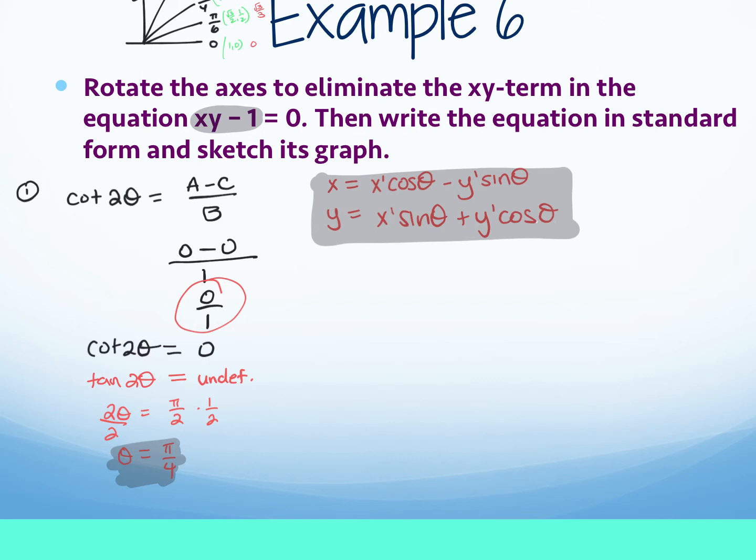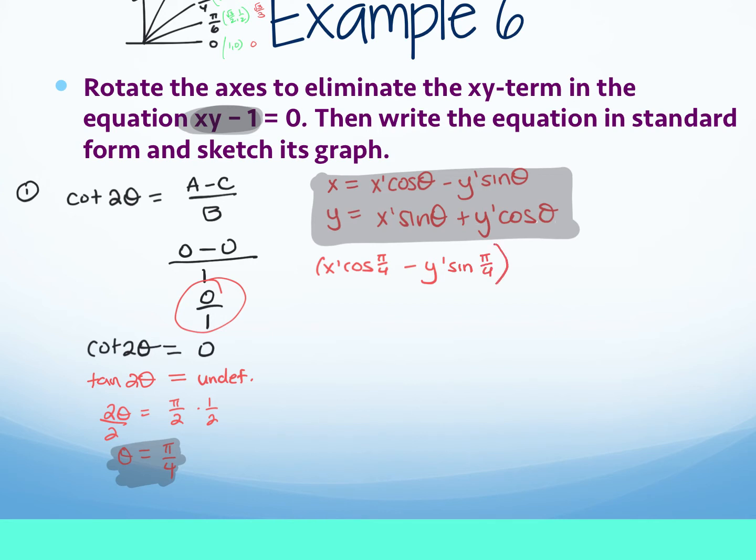Okay, so in place of my actual equation, the initial equation, everywhere there's an x goes x prime cosine, we know theta, it's pi over 4, minus y prime sine of pi over 4.